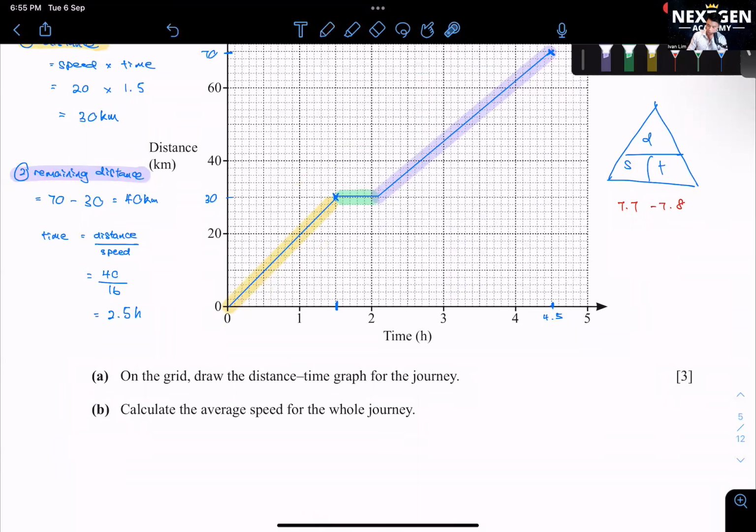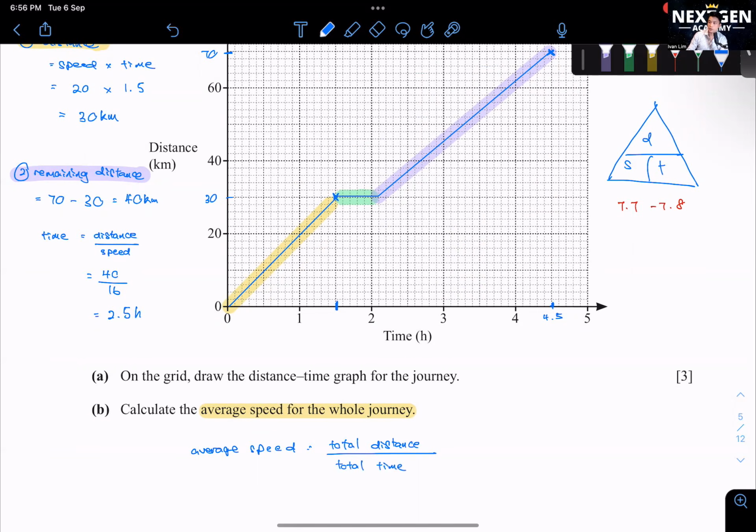Next one. Calculate the average speed for the whole journey. Average speed. So what's the formula for average speed? Average speed is total distance over total time.